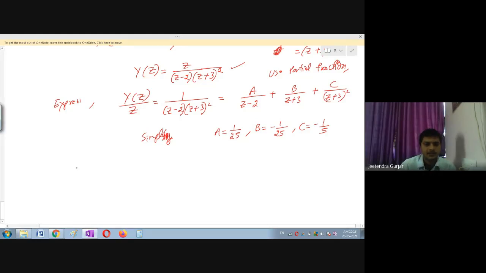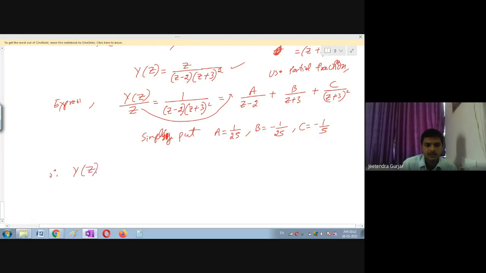Okay, so then I will substitute this value now, as well as I will take this z in the numerator. So therefore I will put all this value.